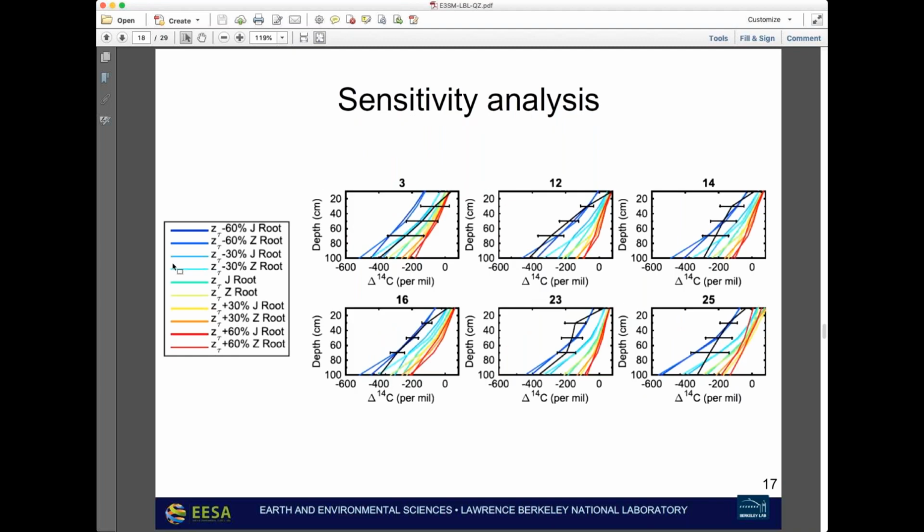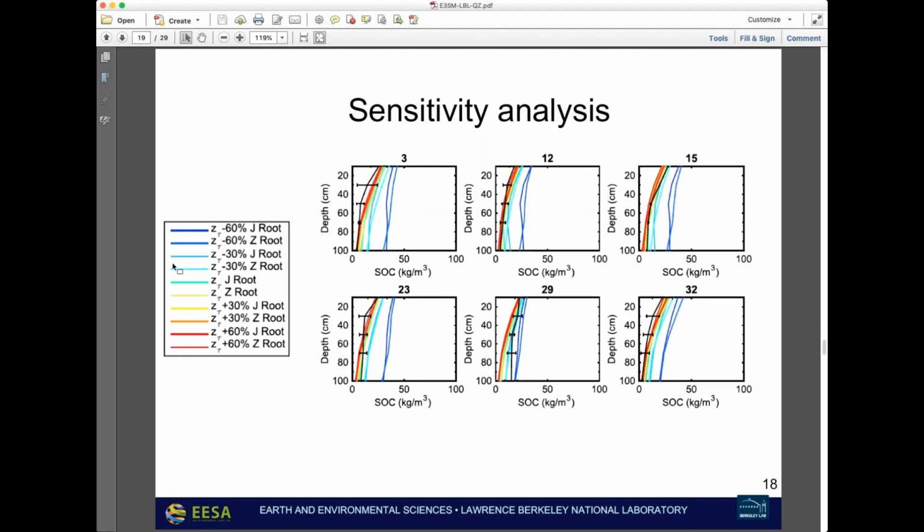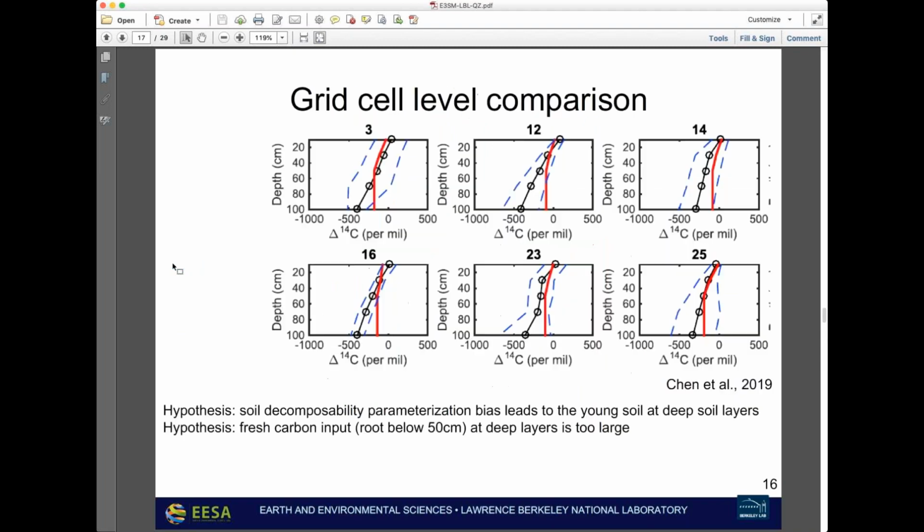So that means we may want to consider this in a different way, because the hypothesis one soil decomposability parameterization has the internal assumption that the Z-tau is consistently distributed across the soil. So we have one single Z-tau everywhere for the topsoil and for the deep soil.